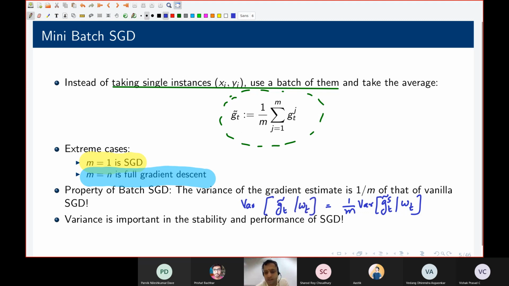So the whole thing is in terms of norm. That's very important because stability is vital to the performance of SGD.